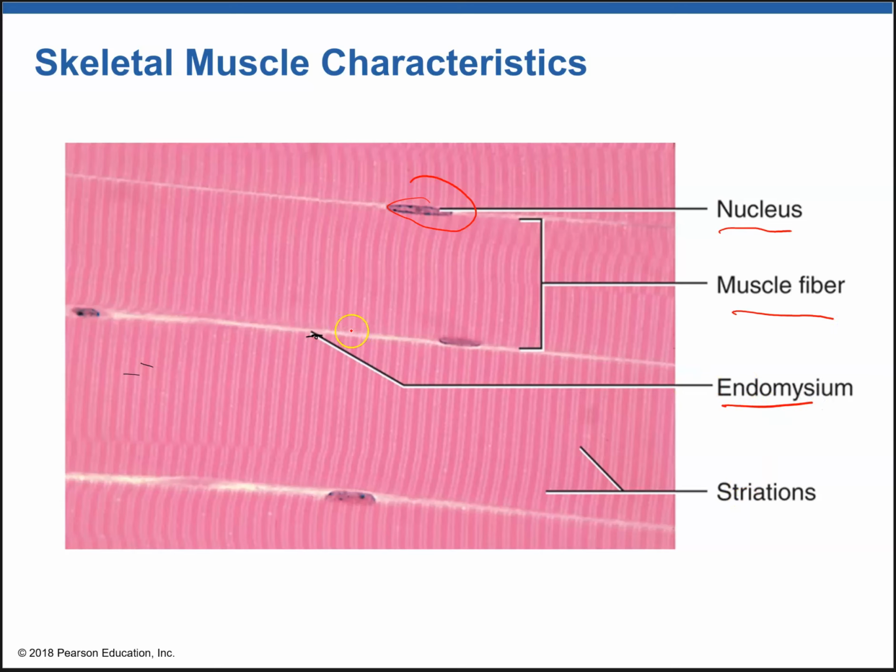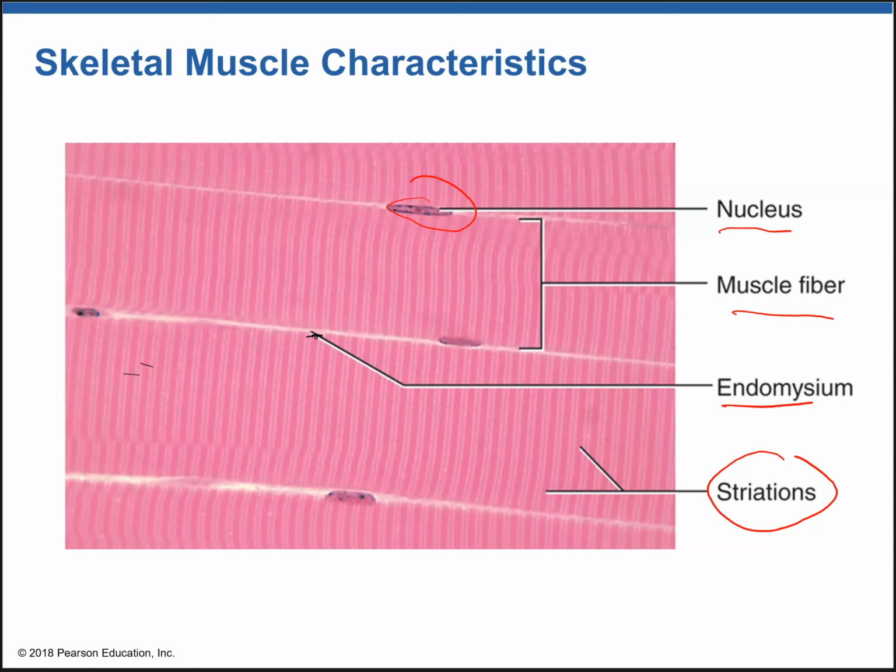Endomysium is the connective tissue surrounding the muscle fiber, and then you see the striations on the muscles. These are important characteristics of skeletal muscles that you need to know. The moment you look at a skeletal muscle, you can tell it is a skeletal muscle because you see striations on it. So these striations define skeletal muscle structure.